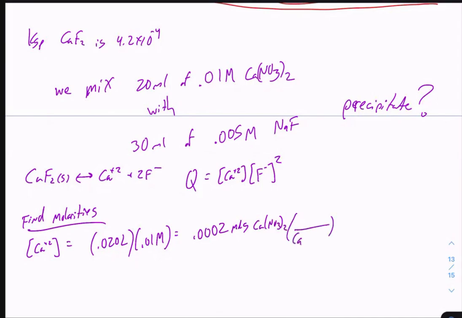It's just calcium that we need, so let's get rid of the calcium nitrate. What is our total volume? 50 milliliters, which in liters is 0.05. So our molarity is 0.004 for calcium.